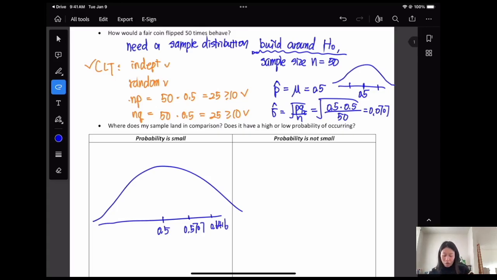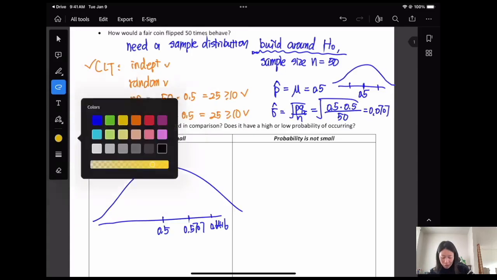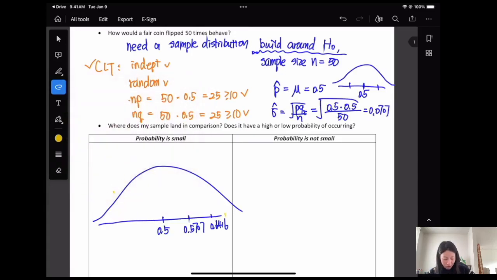Now our result is 75% heads up, so 0.75 is going to be here, outside of the 2 standard deviations. This highlighted part, everything greater than 0.75, is our p-value.